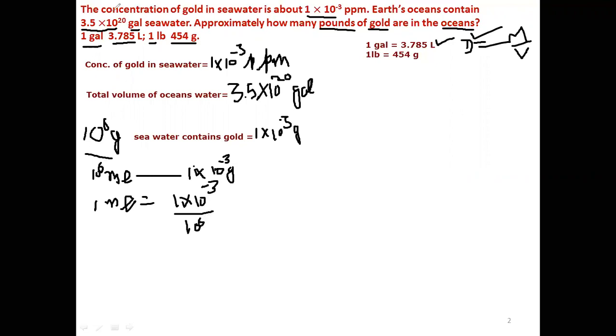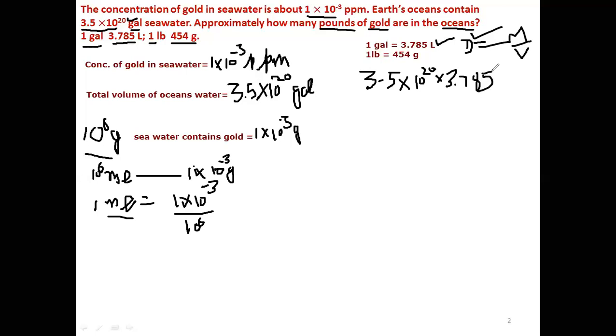Now our next task is to convert these gallons into ml so that the units are same. We can easily convert because 1 gallon is equal to 3.785 liters. So this much gallons will be equal to 3.5 into 10 raised to the power 20 into 3.785.